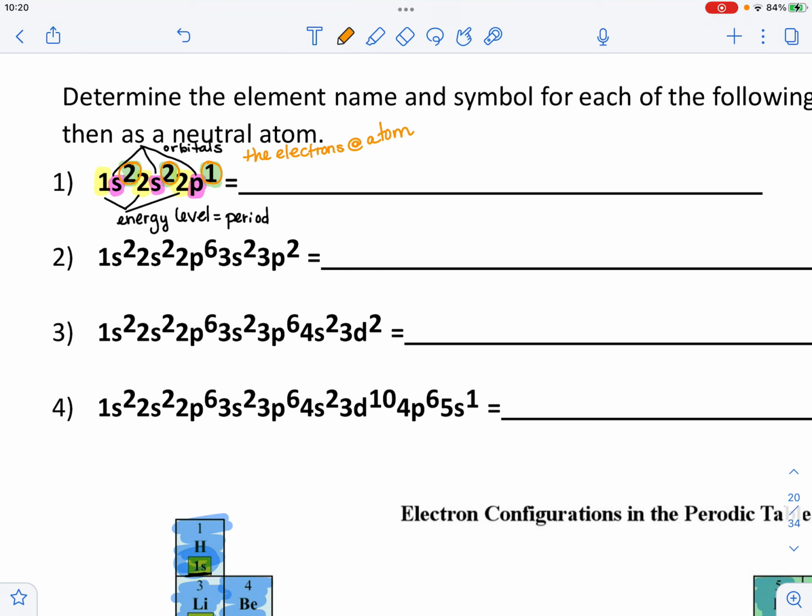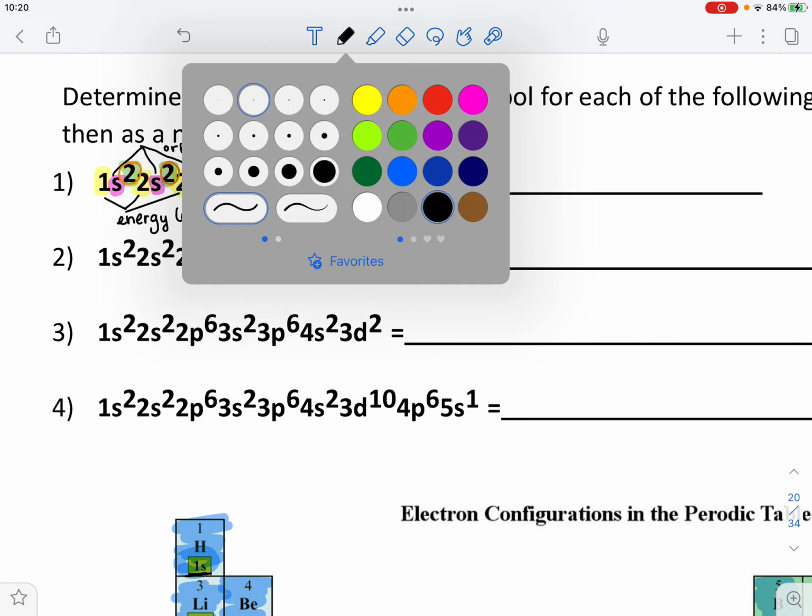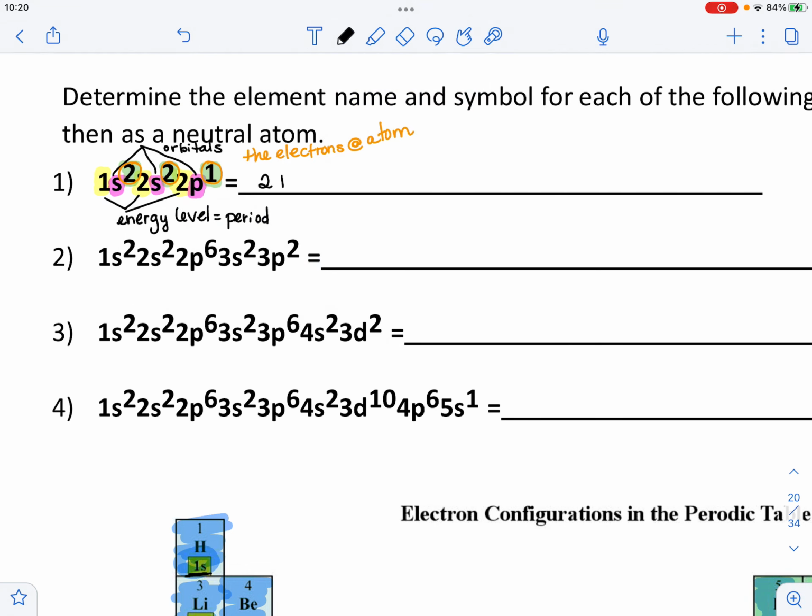So if I'm given the electron configuration, how do I know which element we're talking about? Well, you're going to take those digits that are in the superscript and you're going to add them. So you're going to say 2 plus 2 plus 1. That equals 5. So the atom that I'm talking about has 5 electrons.